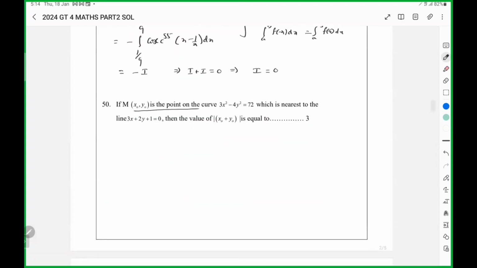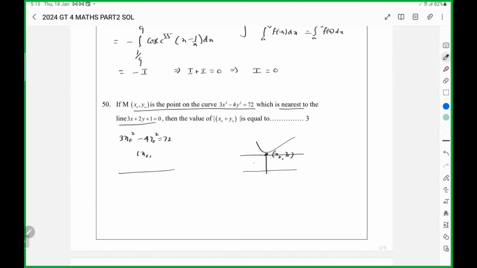Here is a point on the curve which is nearest to this line. Nearest means along the common normal, nearest is possible.